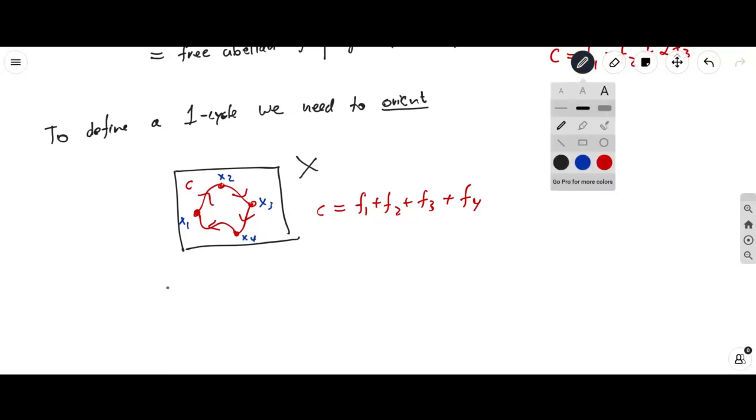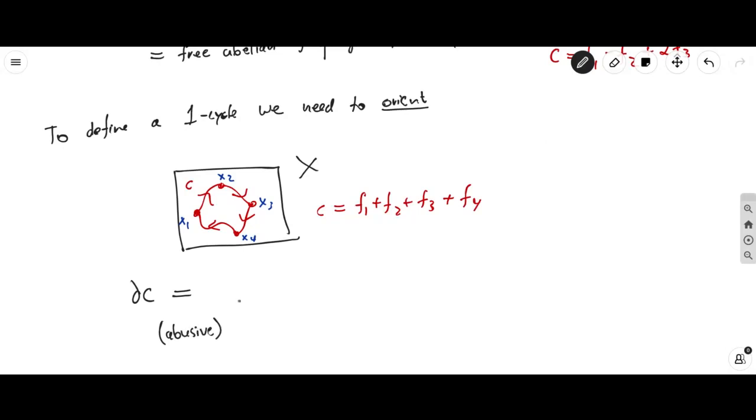Then when we calculate the boundary of the chain, that is equal to, by definition, and this is going to be a little bit abusive, because formally speaking, when you calculate the boundary of a path, which is a one simplex, you're getting a zero simplex. And these simplices are mappings. They're not actual points. They're mappings of a point into your space. So we're being a little bit abusive here, but we did remark that.